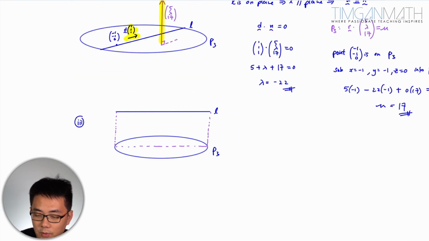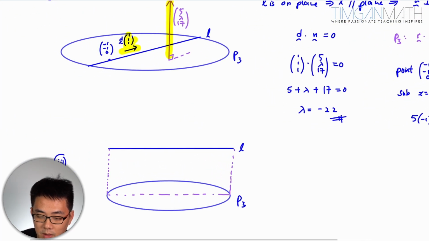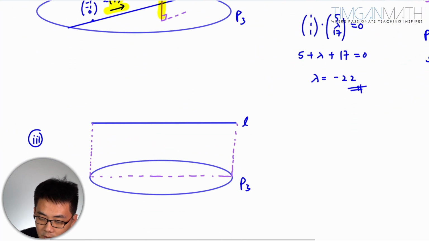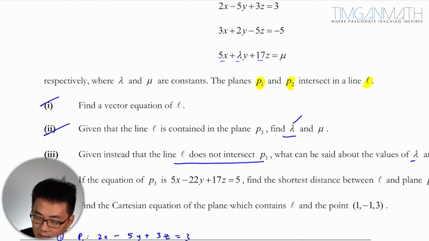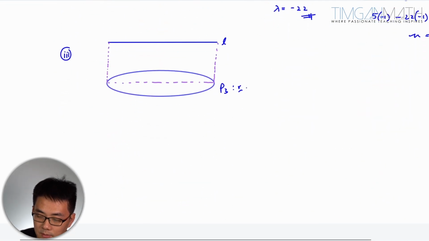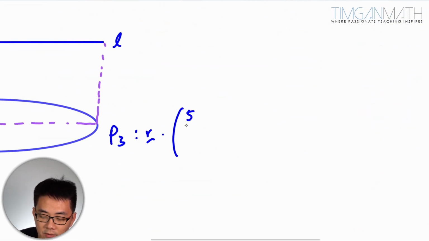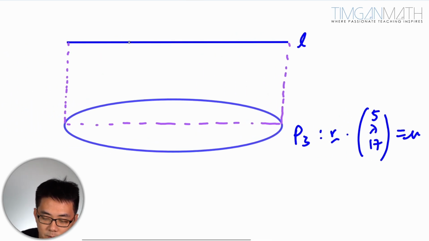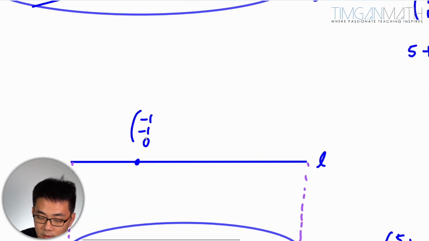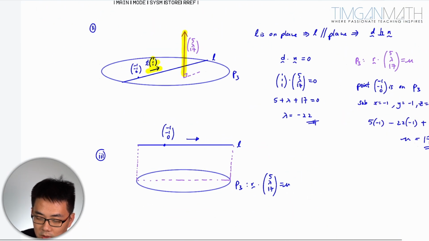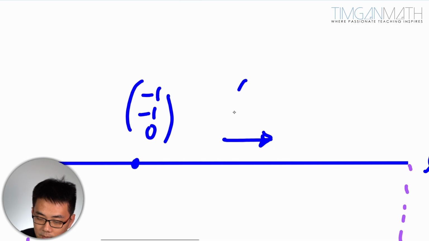Now you realize that the equation is the same, so I'm going to put P3 as r dot (5, lambda, 17) equals mu, and this point here is actually (-1, -1, 0), and this direction here is actually just (1, 1, 1).